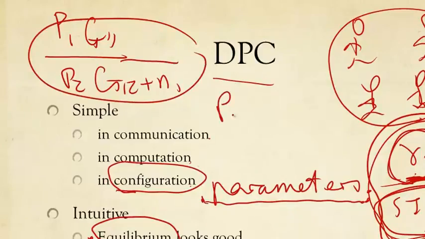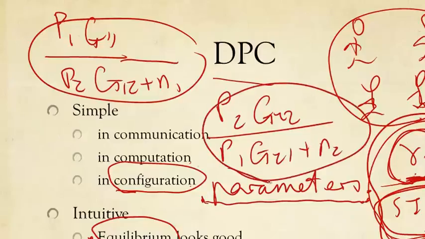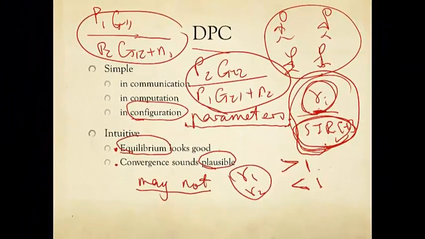I also want P2G22 divided by P1G21 plus N2, the received SIR for user 2, to be really big. And for certain G's and N's, you see that I cannot find any P1 and P2 numbers that can make both ratios very, very big. There is an intrinsic competition or trade-off among these users.